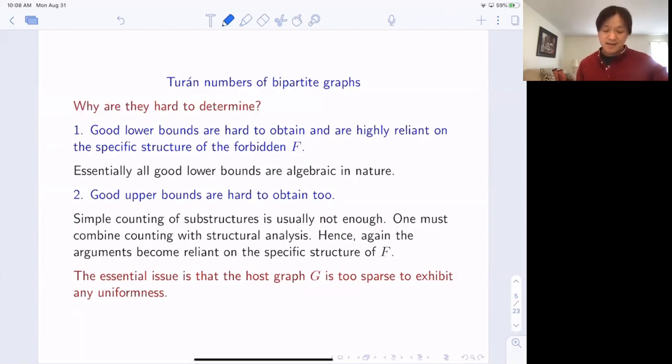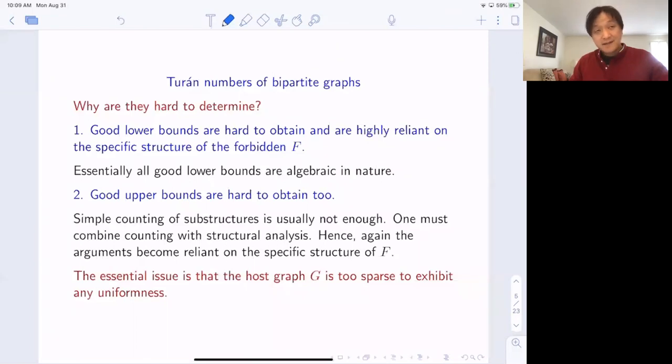And second, even if you have enough of them, it's still not easy to force F. So the arguments, again, become very specific to the structure of F. I think the essential issue is that we're dealing with host graphs in a very sparse range, with number of edges subquadratic. So one cannot typically expect too much uniformness. So that's the overall picture.